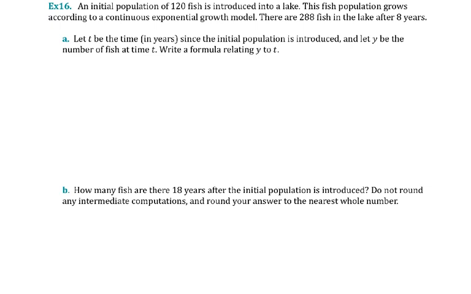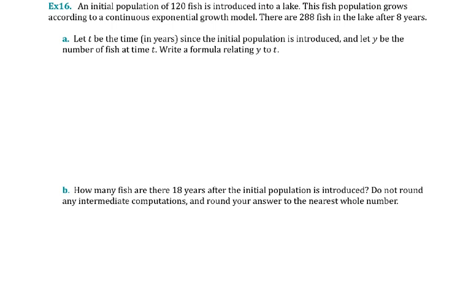All right, and we have one last problem here. We have a population of 120 fish introduced to a lake, and this fish population grows according to an exponential growth model. There are 288 fish in the lake after 8 years. Let t be the time in years since the initial population is introduced, and let y be the number of fish at time t.